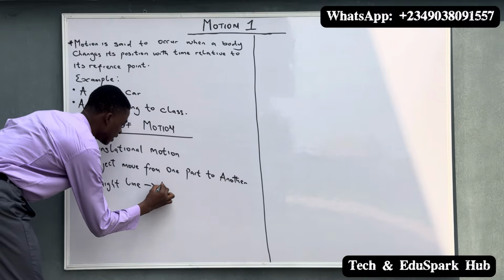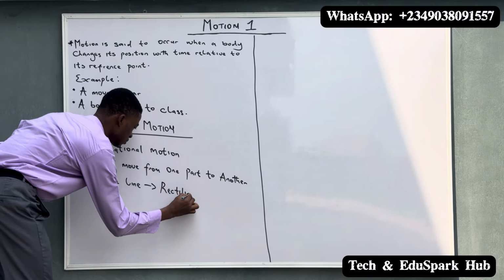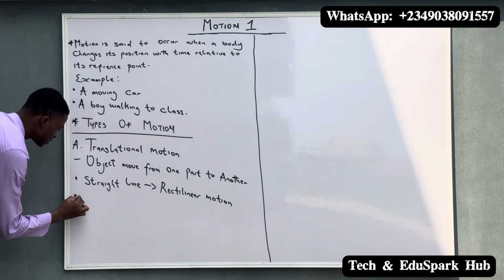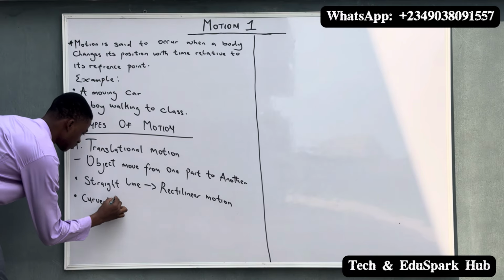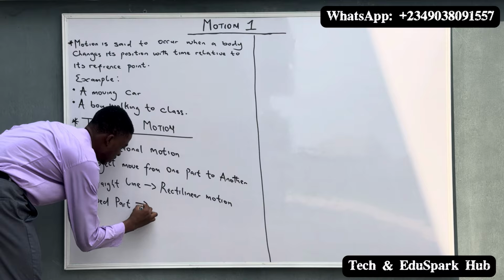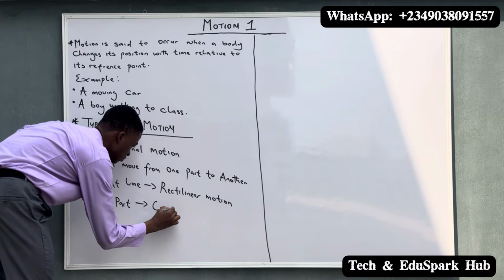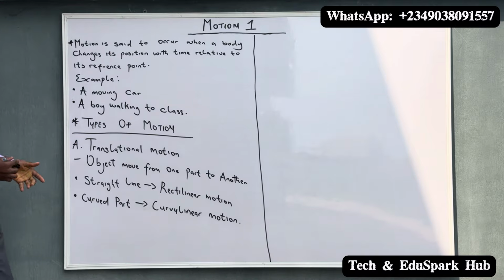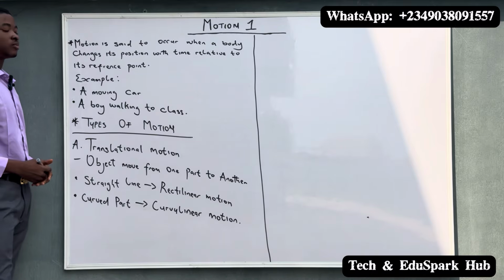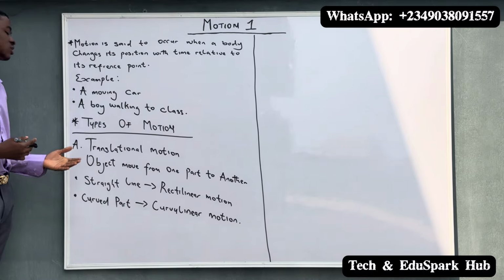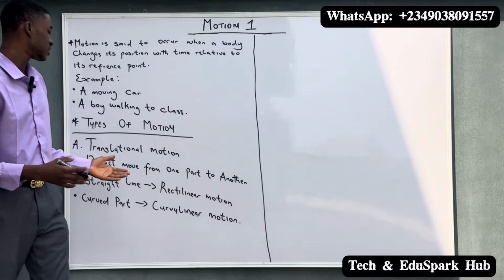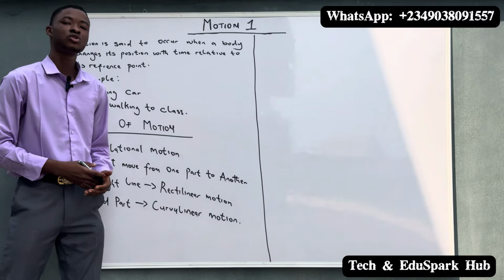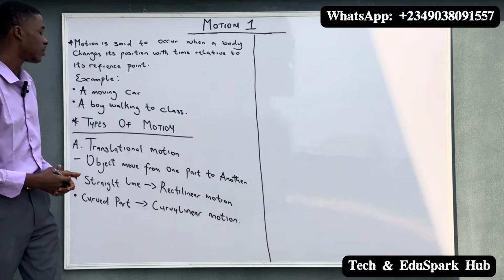And it can also be a curved path, which is curvilinear. So this is all about the translational motion. It can be a straight line motion, which is also known as rectilinear motion, and it can also be a curved path motion, which is also known as curvilinear motion.